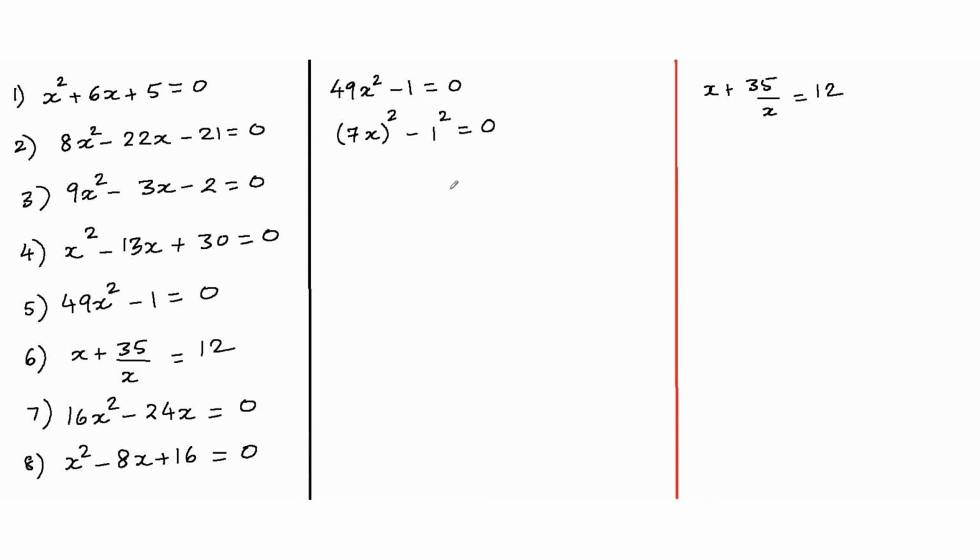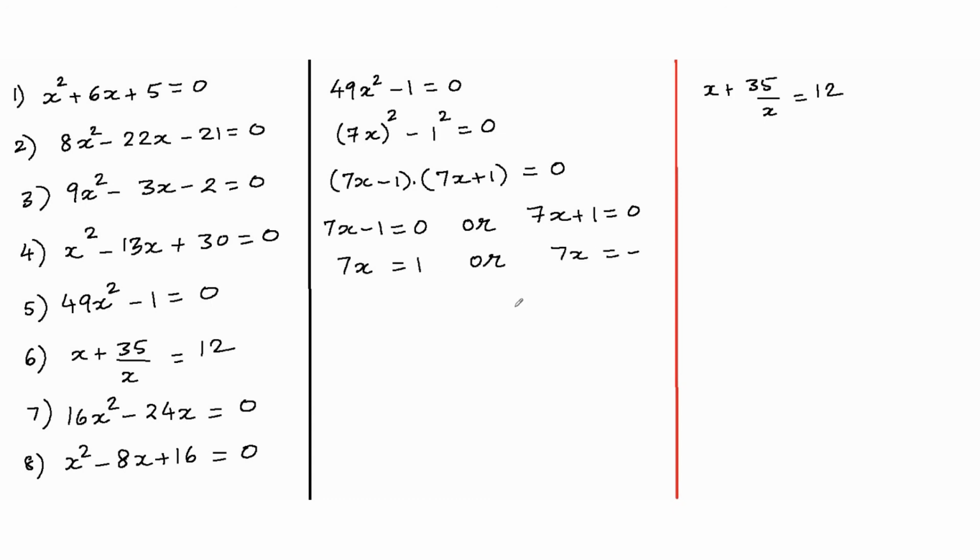So definitely I can use the form a square minus b square equals 0, which means a minus b into a plus b has to be equal to 0. If product of two terms is 0, I know that either 7x minus 1 is 0 or 7x plus 1 has to be 0. So 7x should be equal to 1 or 7x should be equal to minus 1, which means x is either 1 by 7 or x is equal to negative 1 by 7, right?